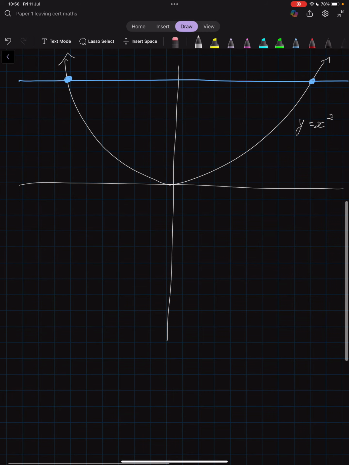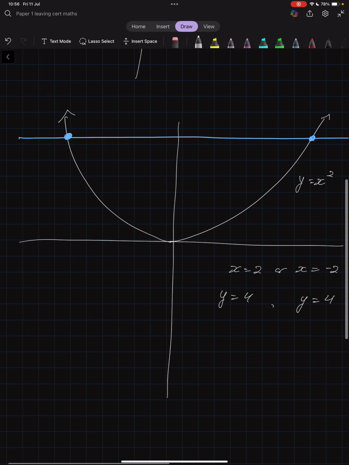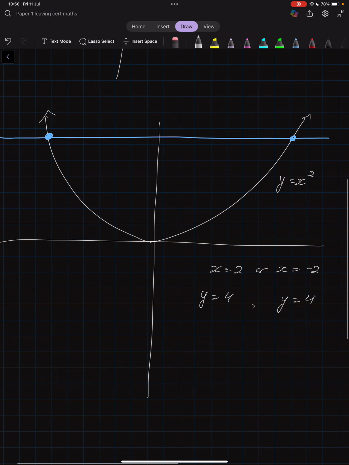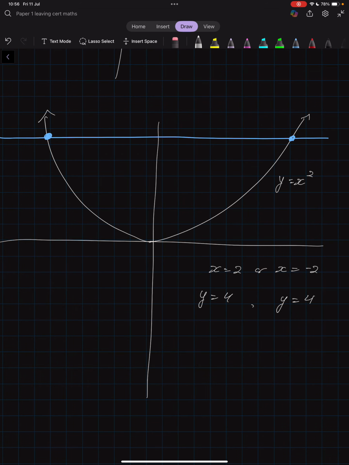The physical representation of this is, if x is equal to 2 or x is equal to minus 2, then y is equal to 4 in both cases. So if y equals x squared, there are two ways of getting 4. I can plug in plus 2 or I can plug in minus 2. So therefore, the output isn't unique.